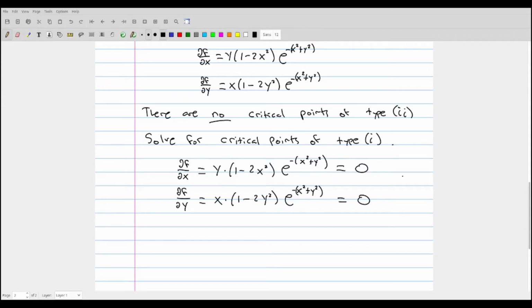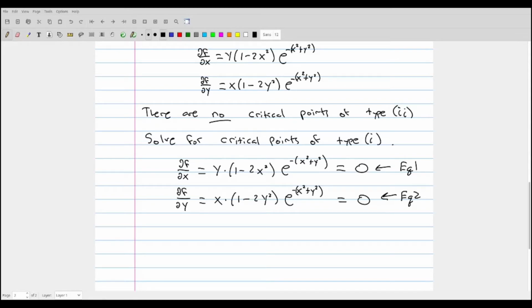So we have a system of two equations that we have to solve, and the solution of this system of two equations for two unknowns x and y, all of the different solutions of this system of equations will give us all of the different critical points for this function, the function we're interested in.